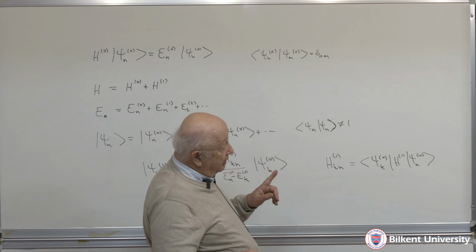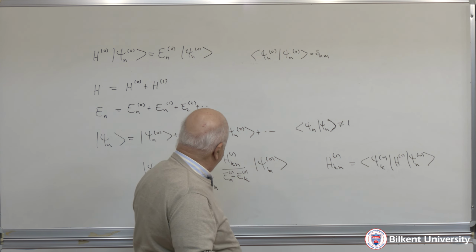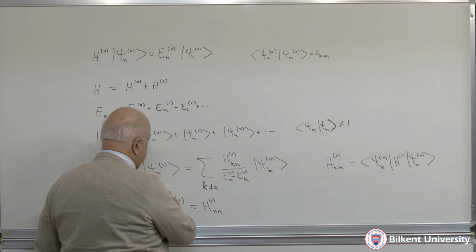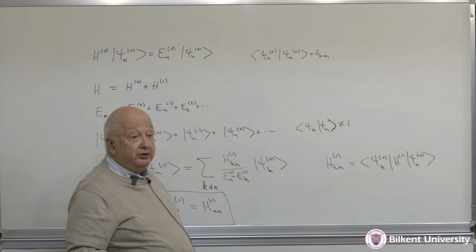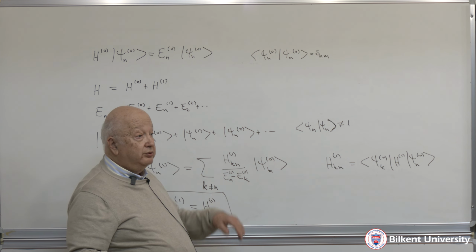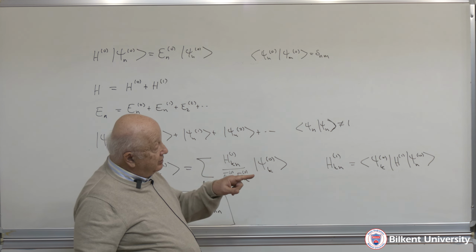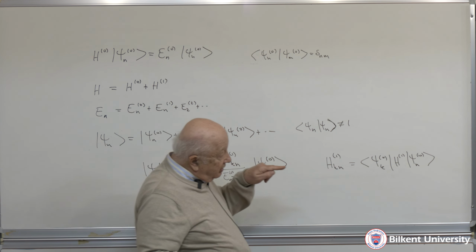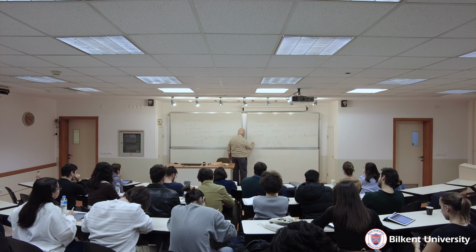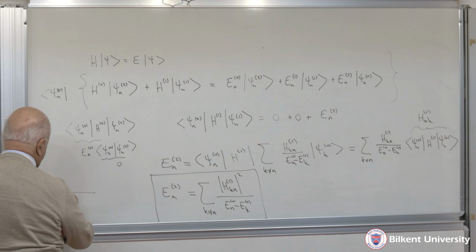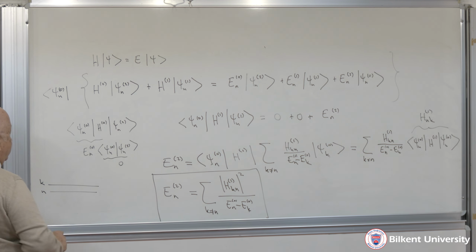So now, what is the structure of this? You see, the first order energy change is something that depends on this HNN. So that will correspond to some change. But what happens in the second order change? I have these energy levels. Suppose this is the nth energy level, and this is the kth energy level.